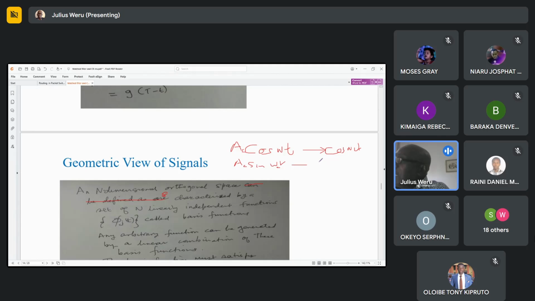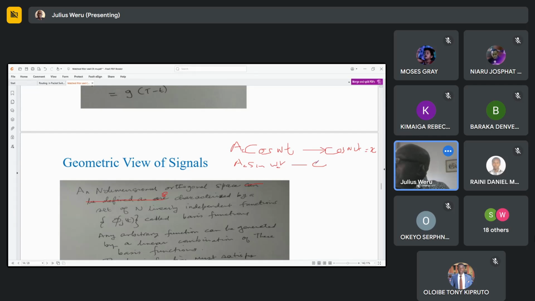If you multiply this and then integrate, which is the dot product, it's going to give you some finite value. I call it x or something.